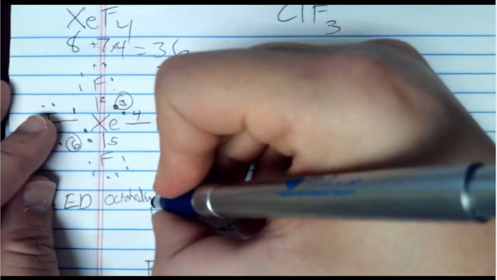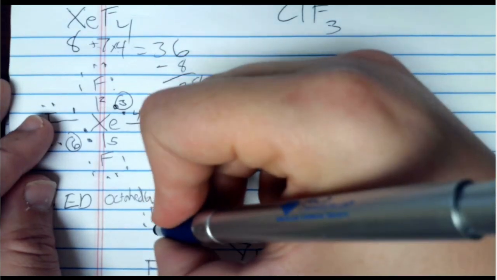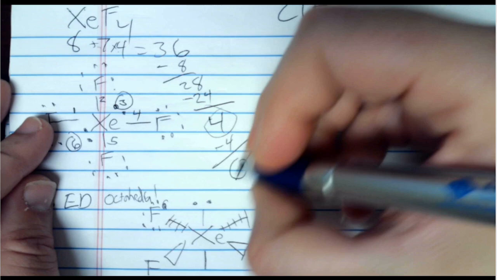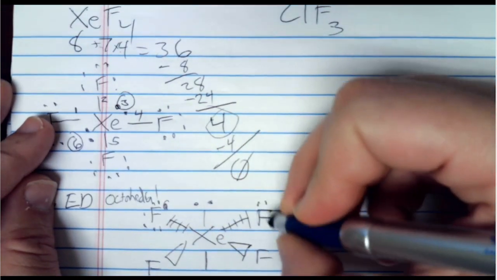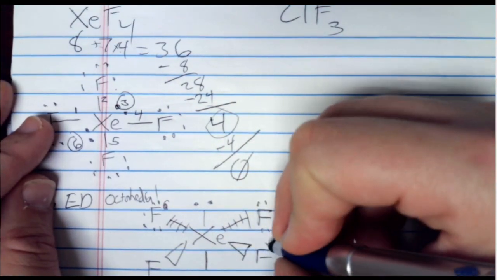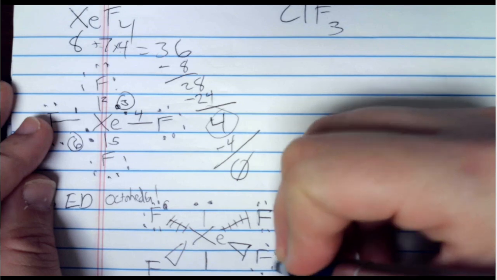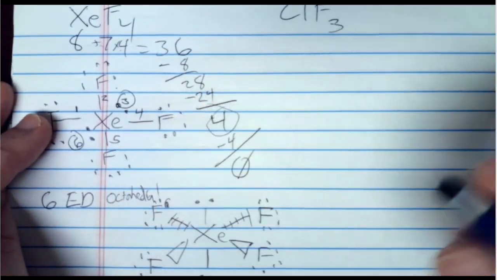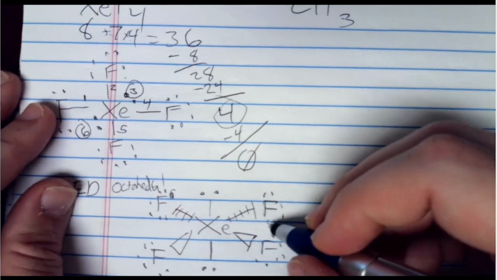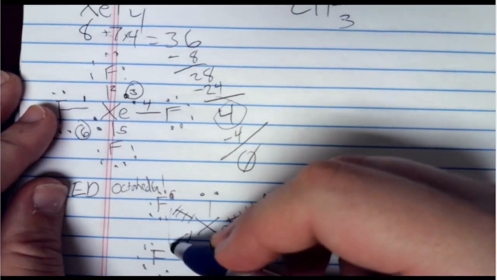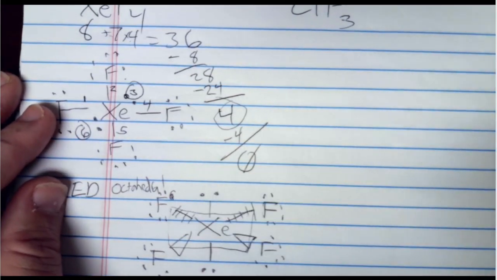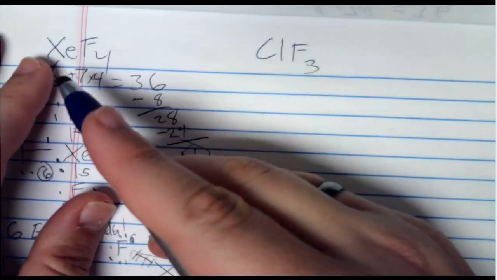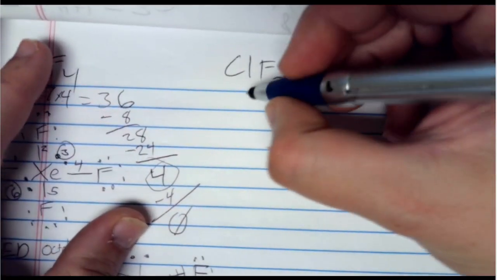So what is this shape actually? This shape is actually square planar, and it adopts a flat square. You would not necessarily get that just by looking at xenon tetrafluoride.